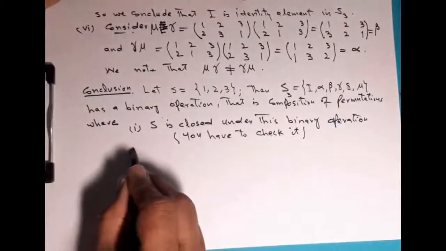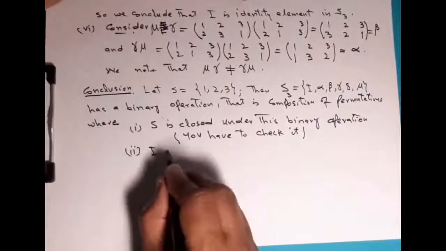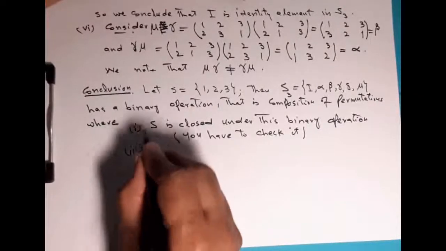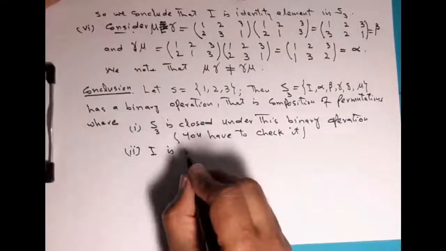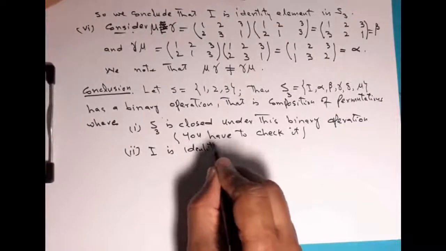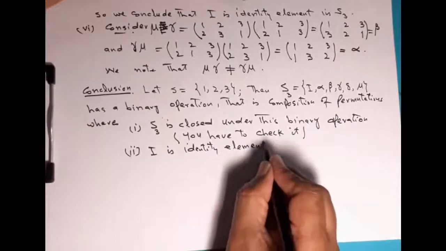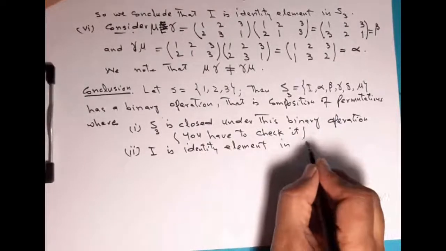Secondly, the identity permutation is the identity element in S3.